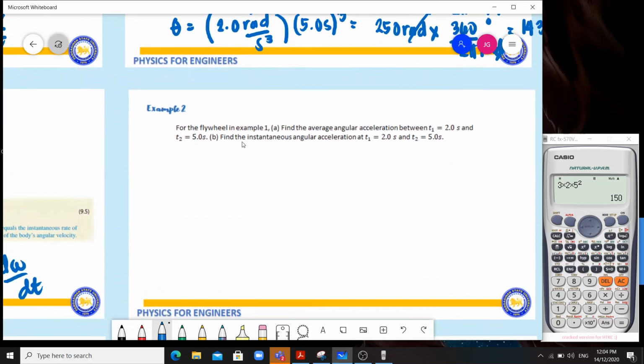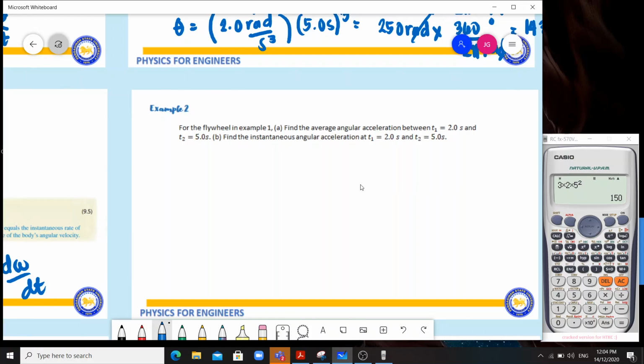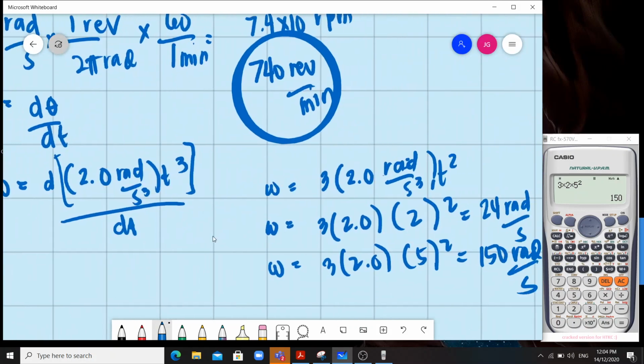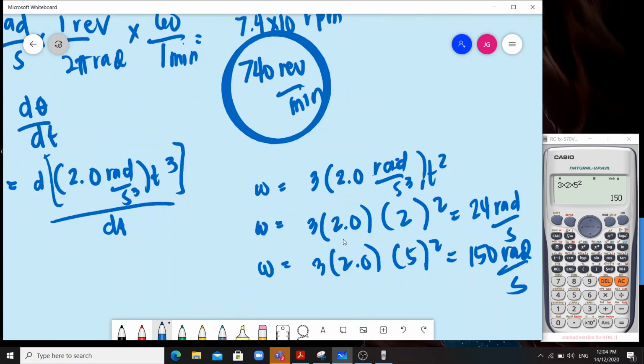For the flywheel in example 1, find the average angular acceleration. Angular acceleration alpha, that is omega 2 minus omega 1 over t2 minus t1. That is average. So our omega 2 is 150 and omega 1 is 24.